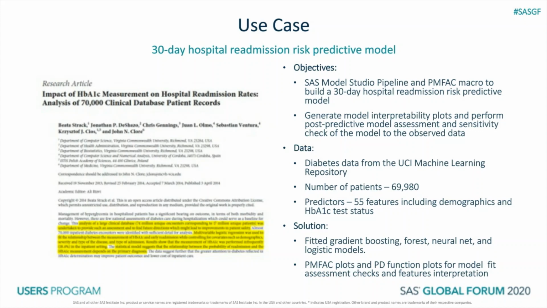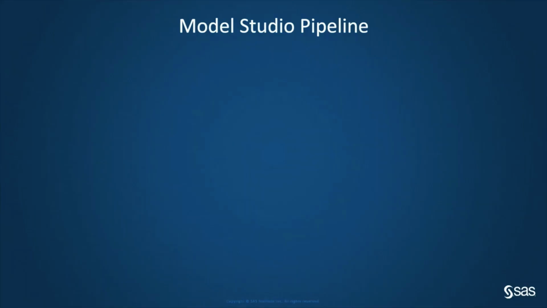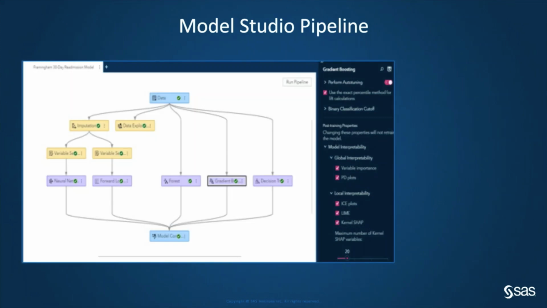SAS Model Studio Pipeline can be used to build model and also generate interpretation of the model features. Here, I have built 5 different machine learning models. 3 of them are black box models, and 2 of them are white box models.